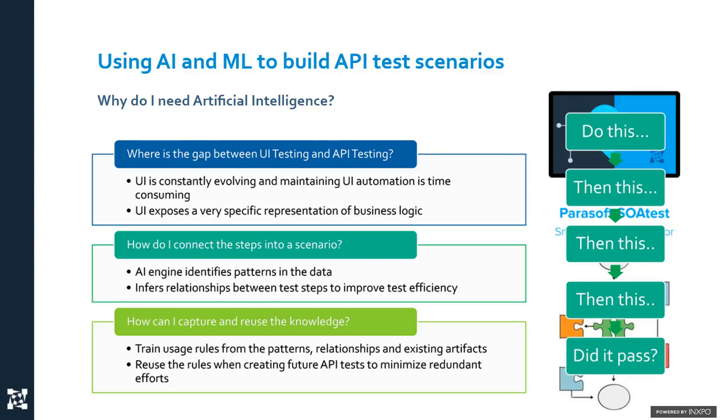Now, unfortunately, my animations didn't work quite right on this slide. But why do I need AI? What is the problem that I'm trying to solve here? There is a gap between how an API was designed to be used and how the UI is actually using it, and often that exposes very specific business logic challenges.